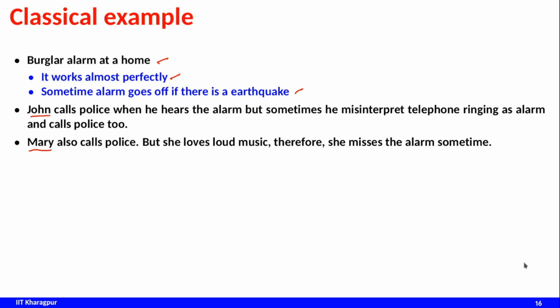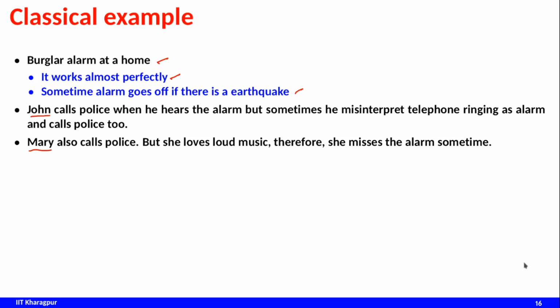Now, in order to model this problem, we need to find out the variables and the probability for those variables, and we need to represent the stuff in a compact manner. So we'll be trying to find out the dependency between those variables.